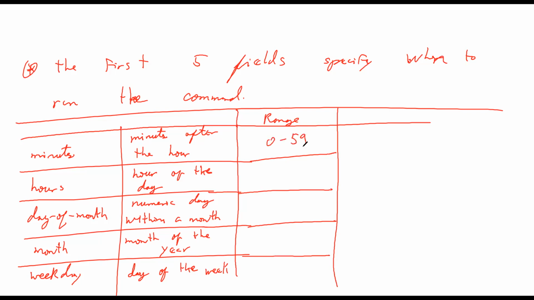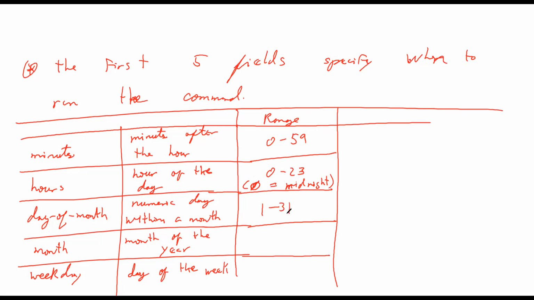Hours go from 0 to 23, where 0 is midnight. Day of the month goes from 1 to 31.